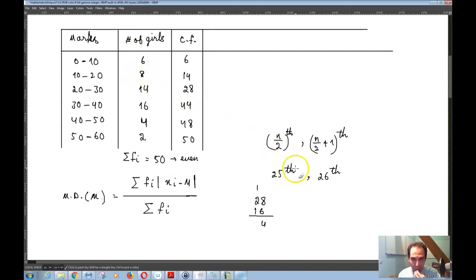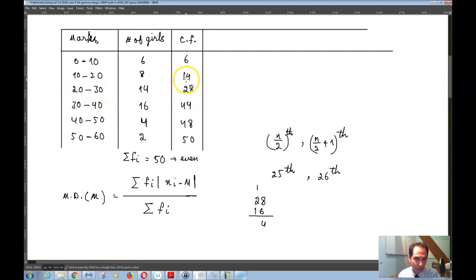So your observations are not in these two classes, because you're looking for 25, and this goes only up to 14. And then after these 14 observations, you have another 14 observations in this class alone.